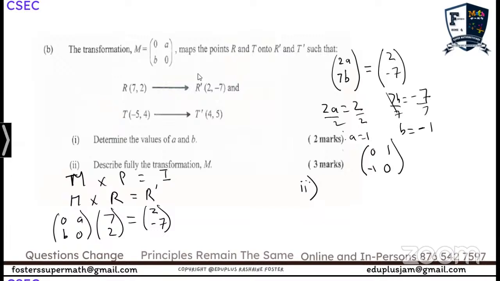The transformation M is... Sorry, what did you say? It will be a reflection, sir. A reflection. Why do you say reflection? You realize that you have the matrix right there. You don't have to guess. Stop the guessing, sir. Go to your list. You have the list for all of them. Look at the matrix there. 0, 1, -1, 0.